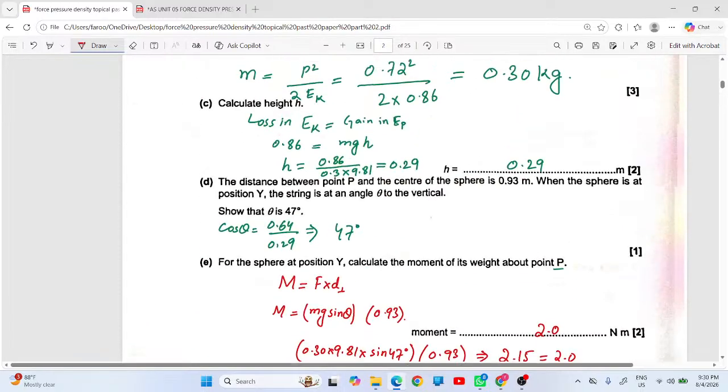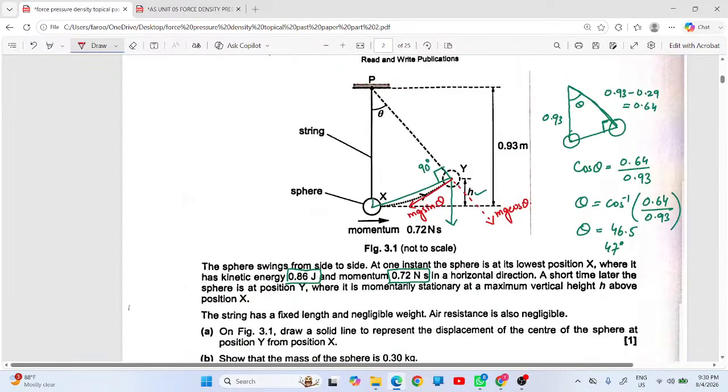कहते हैं कि y पे वो इक्विलिब्रियम में है कि नहीं है. नो देखिए इस पे रिजल्टेंट फोर्स तो लग रही है ना mg sin theta at point y.